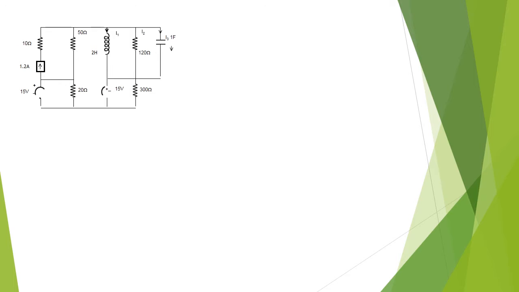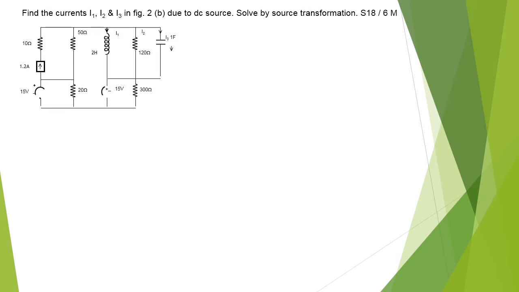The statement is: find the currents I1, I2 and I3 for the given figure, which pass through 2 Henry, 120 ohms and 1 farad due to a DC source present in the network, and solve this numerical by using source transformation. This numerical was asked in summer 18 for 6 marks. So let us start with the solution.